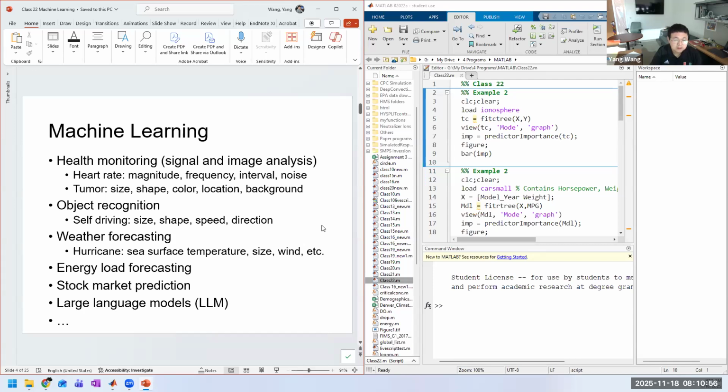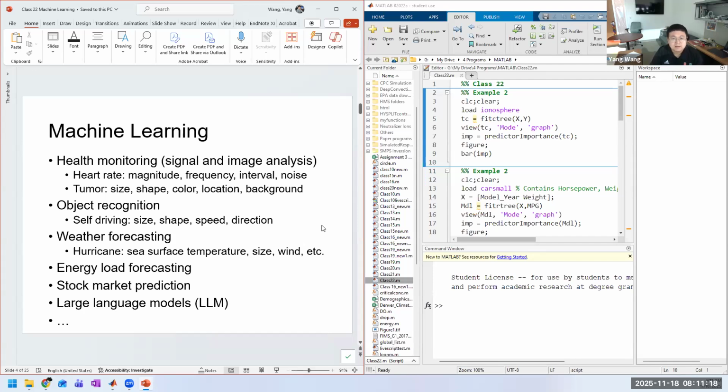So we can train the machine learning algorithms so that if we provide new data, let's say a new patient having a new heart rate, the machine learning algorithms can directly tell whether the heart rate belongs to a healthy person or a person with a certain disease, right?